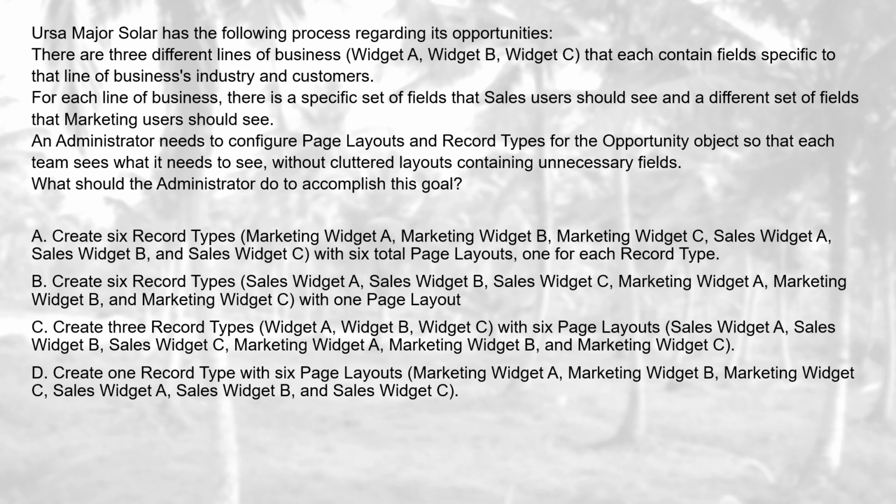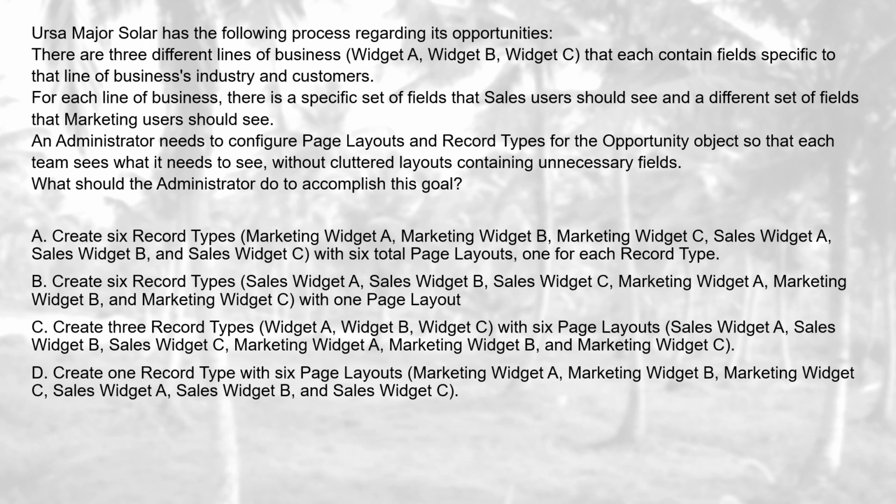So we have a couple of options here. A, create 6 record types, marketing widget A, marketing widget B, marketing widget C, sales widget A, sales widget B, and sales widget C, and 6 total page layouts, 1 for each record type. B, create 6 record types, sales widget A, sales widget B, sales widget C, marketing widget A, marketing widget B, and marketing widget C with 1 page layout.